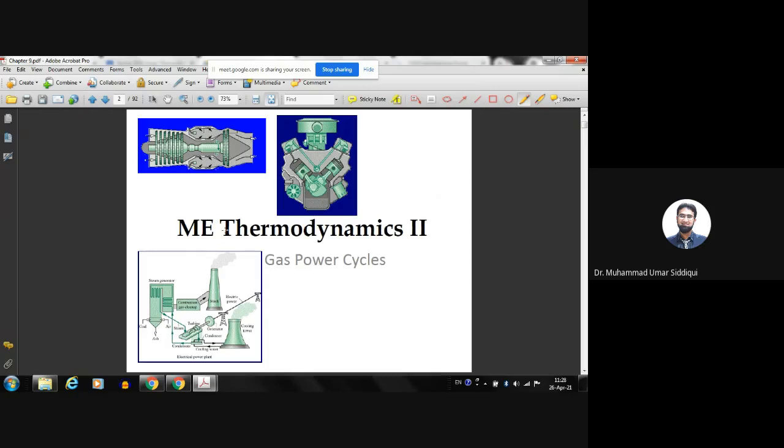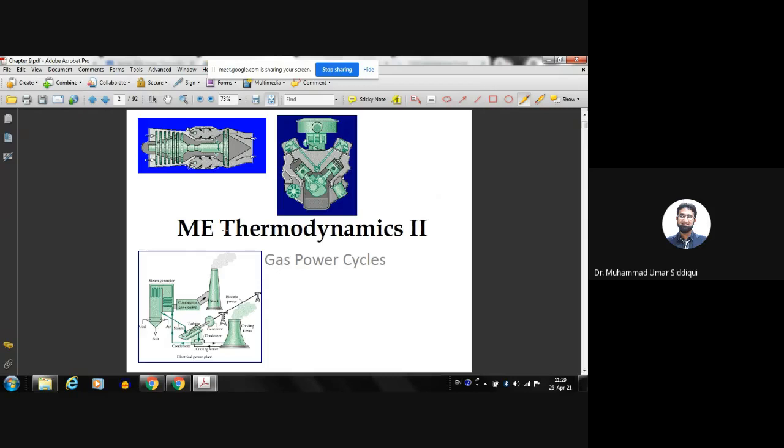We say power cycles because these are heat engines, and our main objective is to produce useful work output in the form of power. Now what purpose will we use this power for? Sometimes we use this power as mechanical output for transportation. For example, the engines of our cars and motorbikes, and the jet engines of airplanes: their objective is not to produce electricity but to produce power that could be used to transport people.